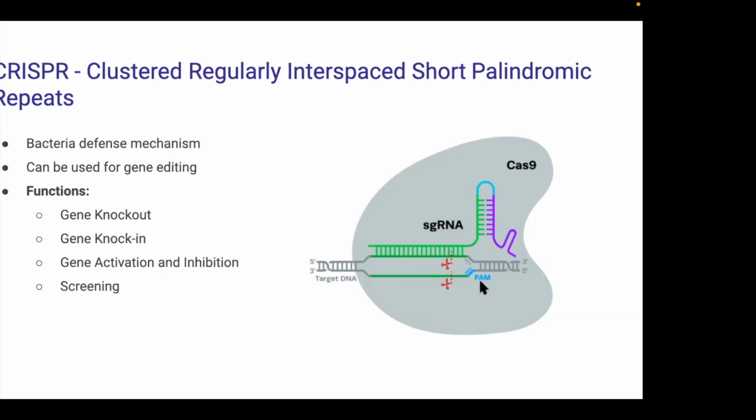And then we can manipulate that mechanism to either produce a knockout, knock-in, or an activation or inhibition. If we get into the details of that, there's a whole process around it, and also how we can specifically get a knock-in for an edit or a knockout.